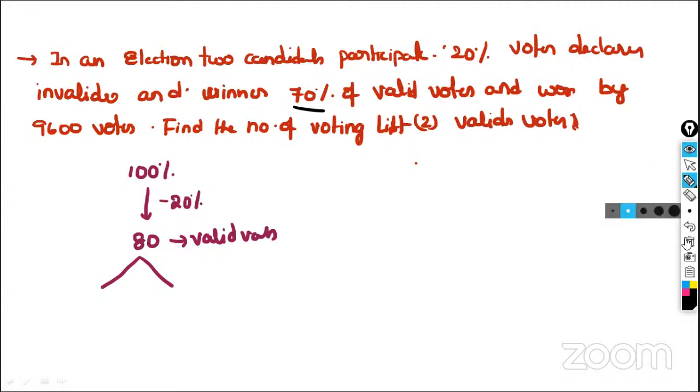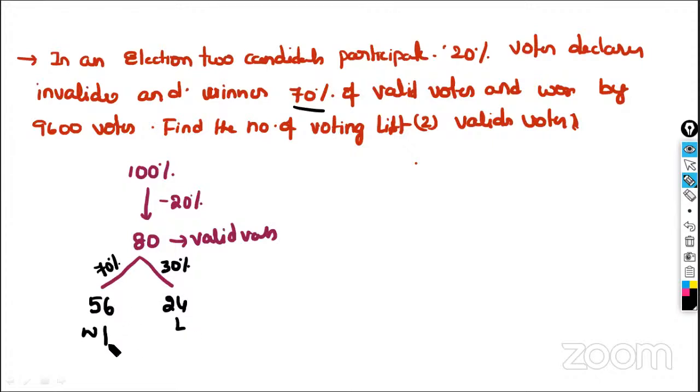Percentages. That means what here? 70% on 80. Two zeros will be cancelled. 7 8s are 56. And that is the winner. So the remaining 30%, so 3 8s are 24. This is the loser.